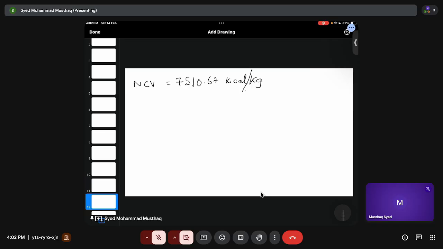Now what is my heating value? The heating value coming from 1 ton of coal. Just multiply this with 1000.